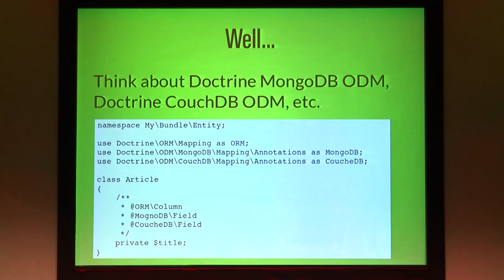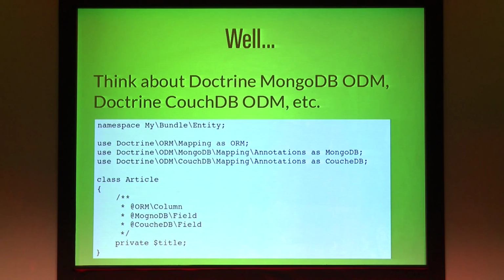But there are, within the Doctrine family, many ways of storing data. You have the MongoDB way of storing things, the CouchDB. Well, there are some other libraries out there that use a similar structure, and you can just persist any object as long as it has some mapping configuration.